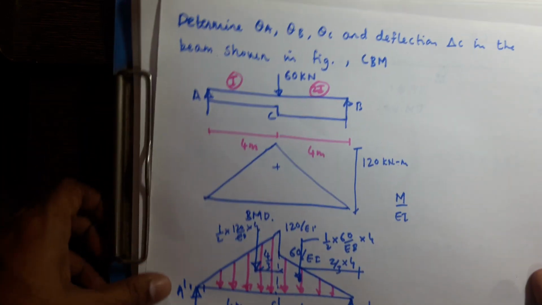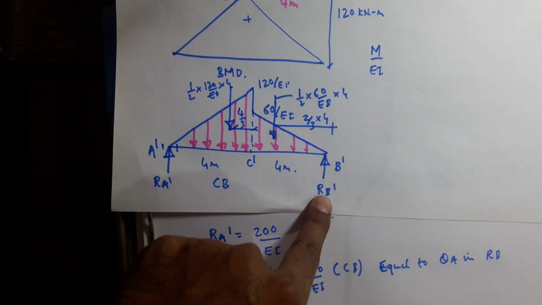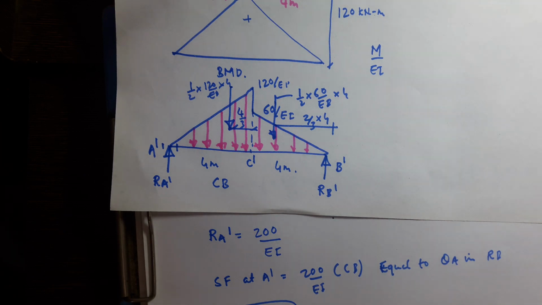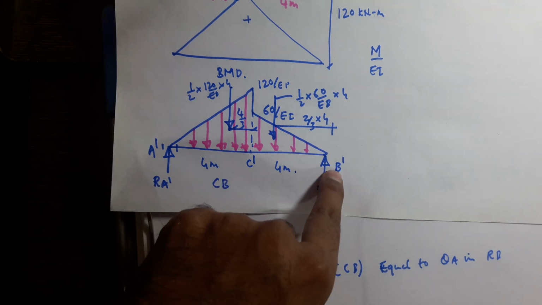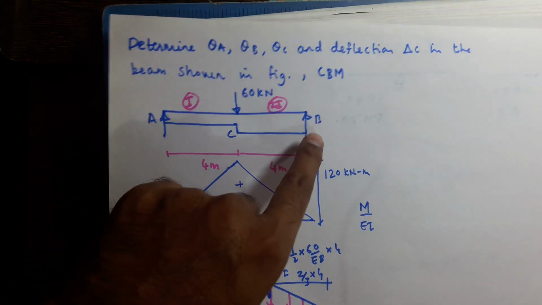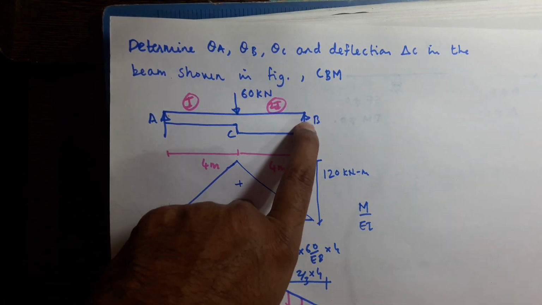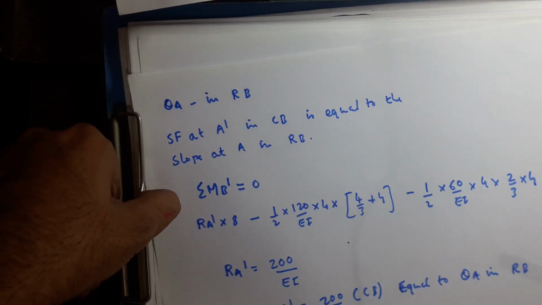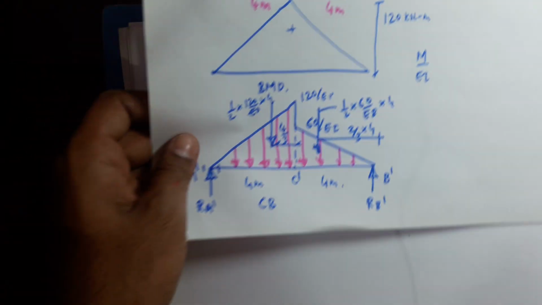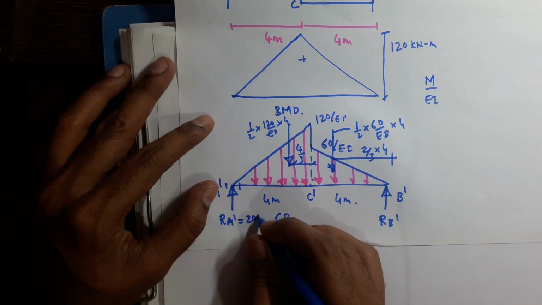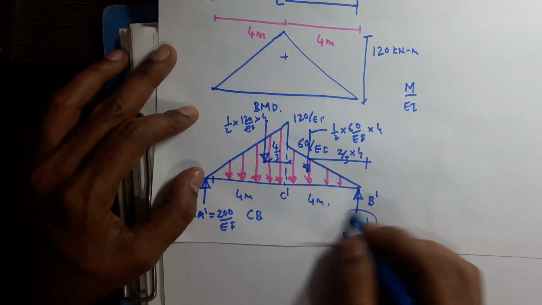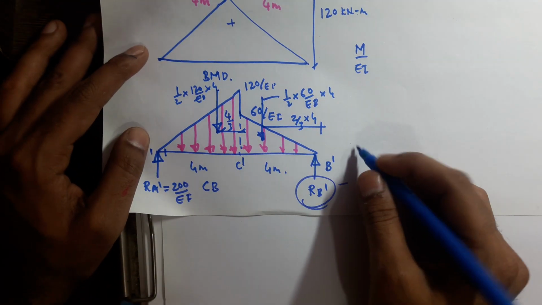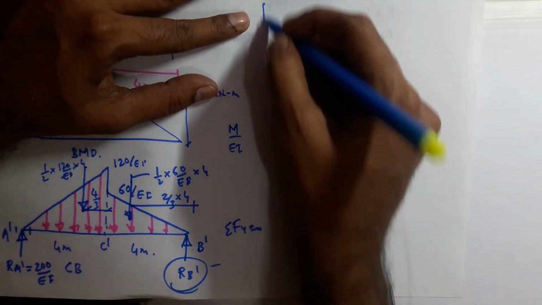Now we have to find theta B. To find theta B, we have to find RB dash, which is shear at B dash. Shear at B dash in the conjugate beam will be equal to slope at B in real beam. How can we find RB dash? We have calculated RA dash 200 by EI, and we have to find RB dash by using summation of Fy equal to 0.